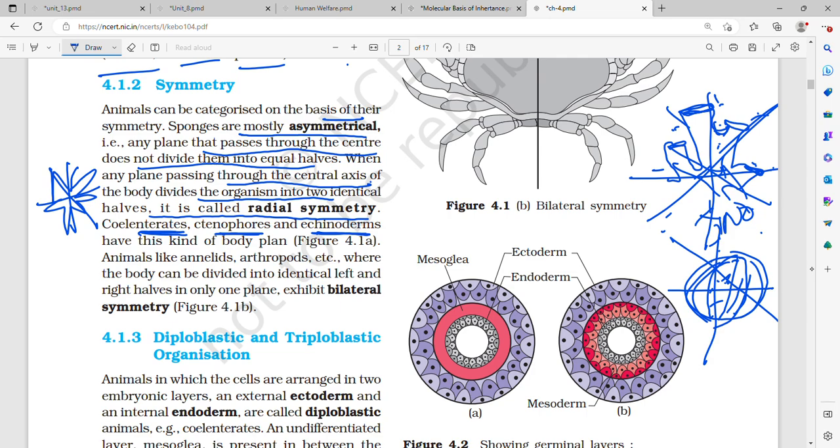Then bilateral symmetry: only in one plane do you get two identical halves, then it is called bilateral symmetry. That is animals like Annelida, Arthropoda, Mollusca, Aschelminthes, Platyhelminthes.